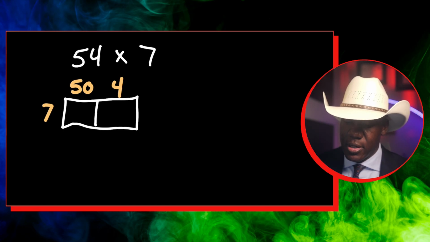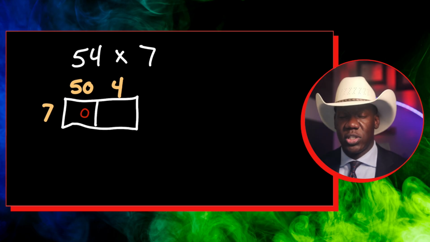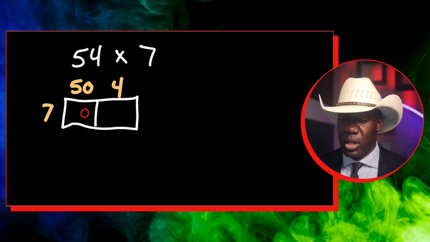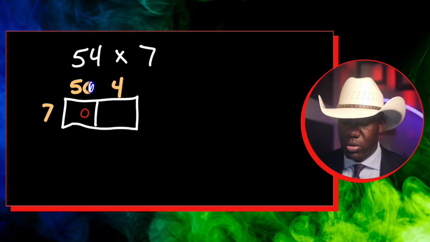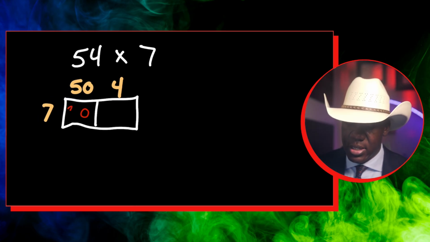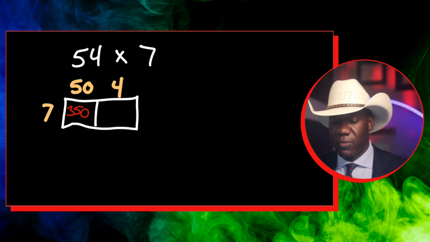So 50 has 1 zero at the end. We'll put that 0 right there. And now we can just focus on whatever numbers are left. We're just going to look at this 5 and this 7. 5 times 7 is 35. We'll add that in front of the 0. So we have 350.